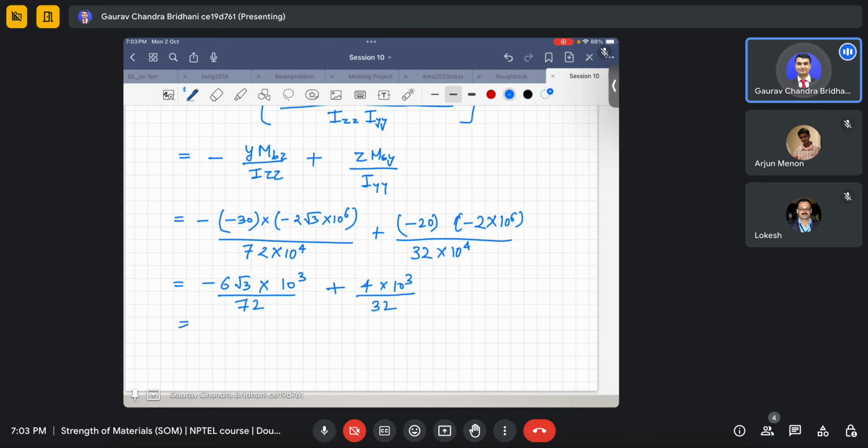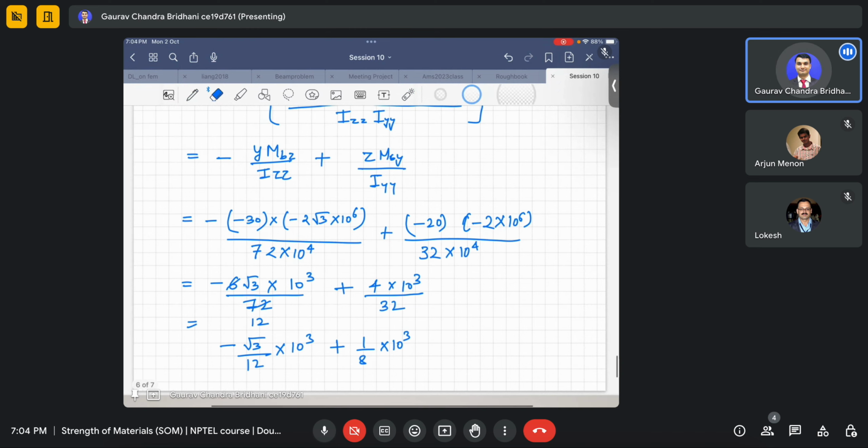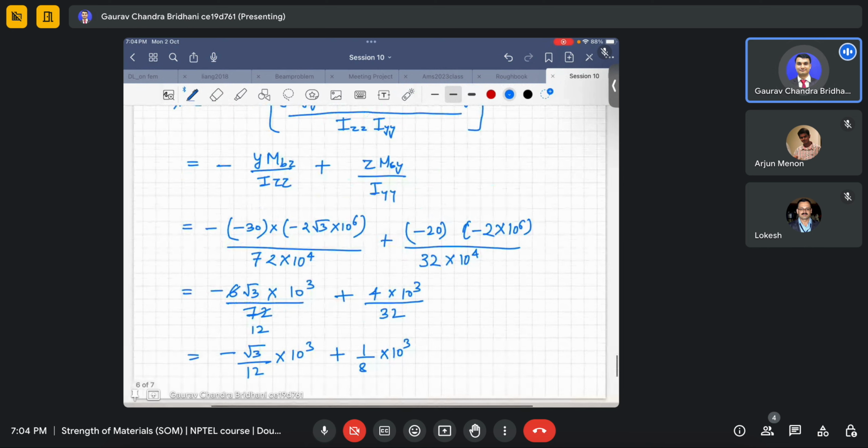So again 6 this way, minus root 3 by 12 into 10 power 3 plus 1 by 8 into 10 power 3. So if you can calculate this value, so we can find the final answer. 269.